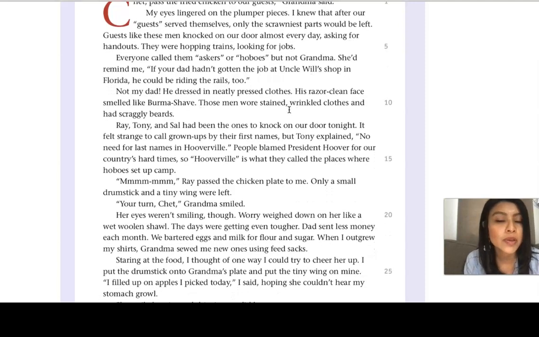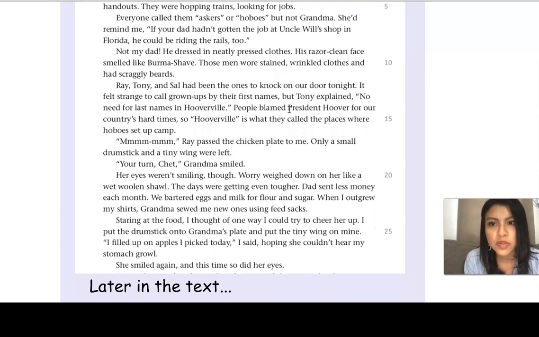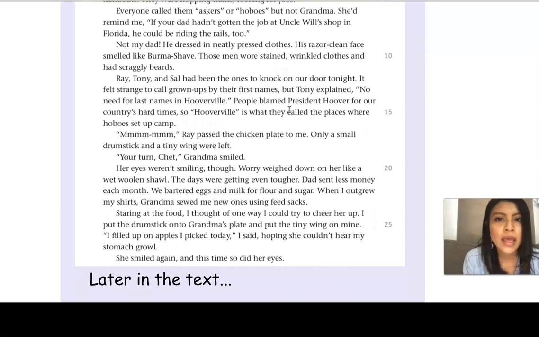He dressed in neatly pressed clothes, his razor-clean face smelled like Burma shave. Those men wore stained, wrinkled clothes and had scraggly beards. Ray, Tony, and Sal had been the ones to knock on our door tonight. It felt strange to call grown-ups by their first names, but Tony explained, no need for last names on Hooverville.